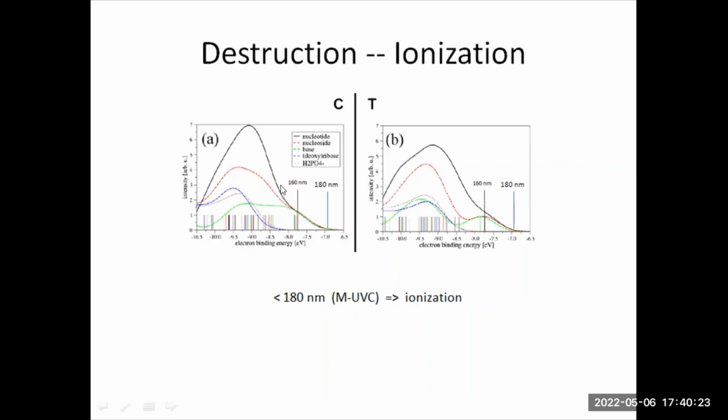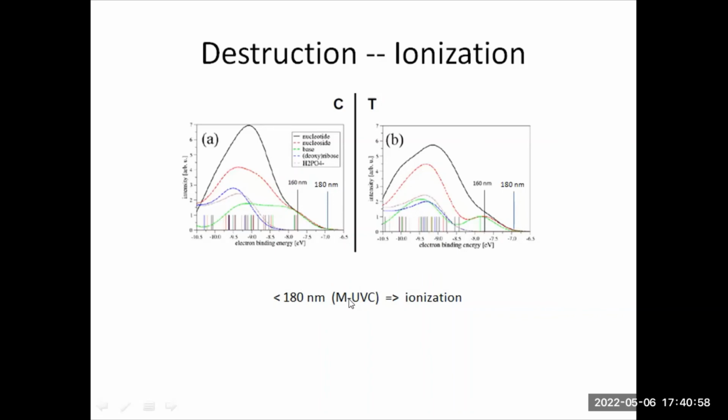So you eventually start destroying the bases. These are the wavelengths which correspond to these values of energy in electron volts. If we have wavelengths less than about 180 nanometers, which I call the medium UVC range, then we can get ionization and destruction. It's basically the same for all the bases, more or less at about 180 nanometers and below. And we start ionizing the system and we start destroying the system.